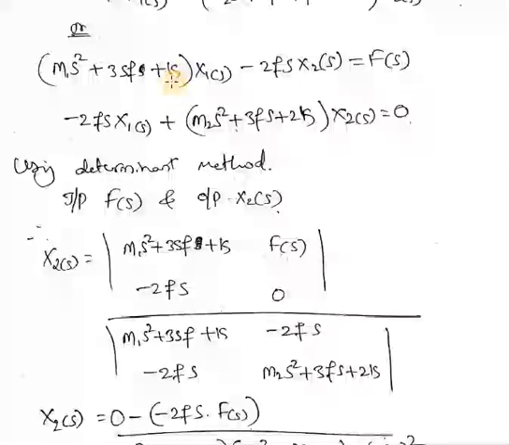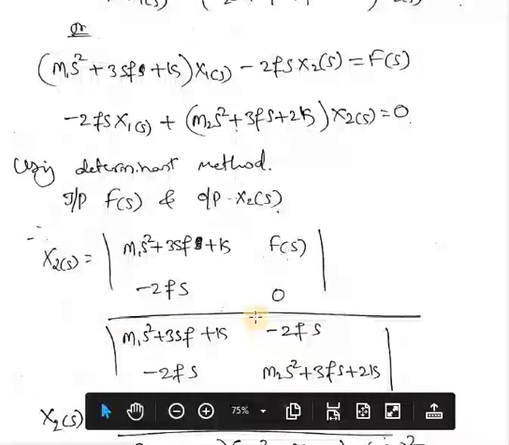From the first equation, the coefficient is m1 s square plus 3fs plus k. Write that term. In the second row, the coefficient of the other term from the second equation: the x1 of s coefficient is minus 2fs, write that term here. And in the second column, you have to write the terms on the right hand side, that is f of s from the first and 0 from the second.